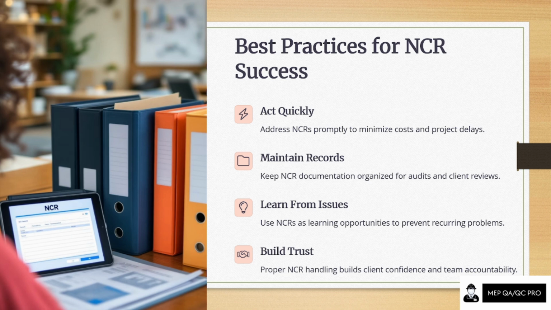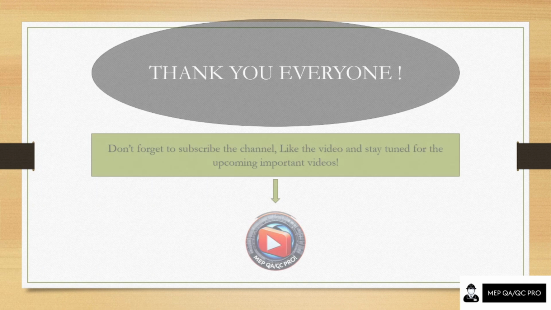Write a deep corrective action and preventive action analysis, plus the root cause analysis. I saw so many engineers who are not able to identify the root cause of that NCR. So you need to ensure that the root cause analysis is the real root cause for that particular NCR.